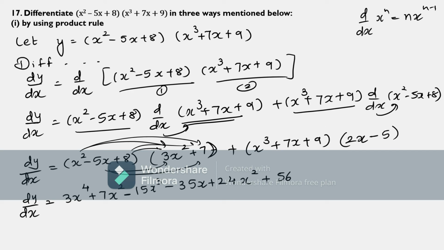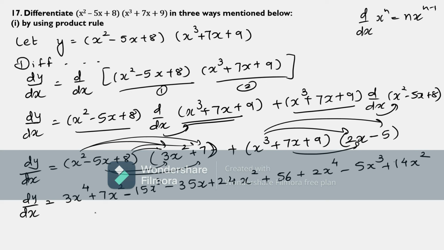Okay, this is done. Now this one: plus 2x to the power 4, minus 5x cube, plus 14x square, then minus 35x, plus 18x, minus 45.